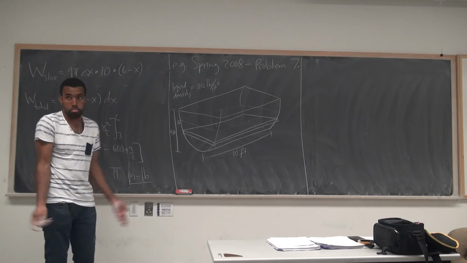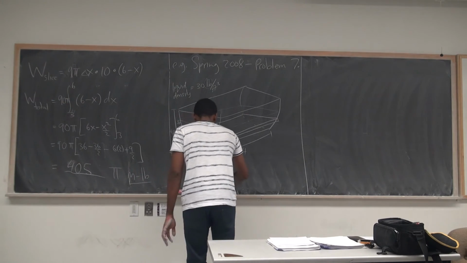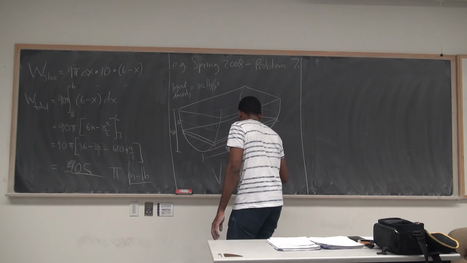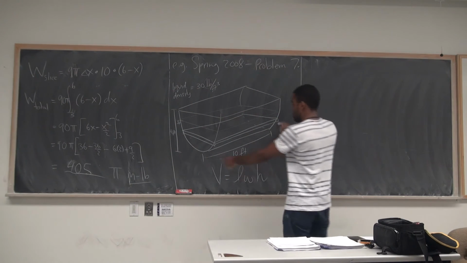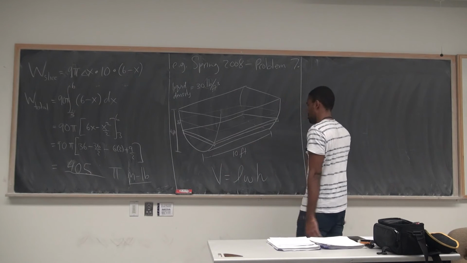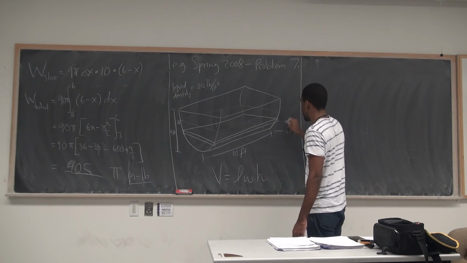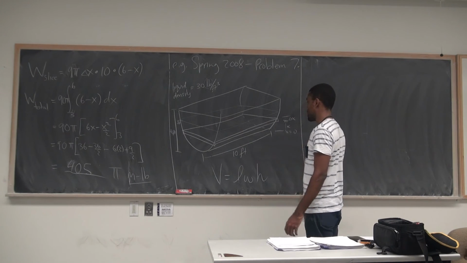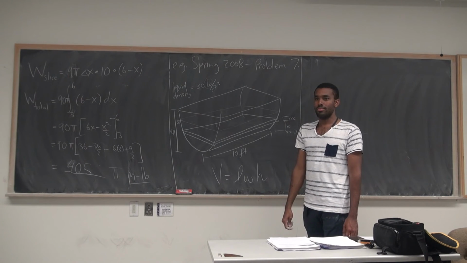Volume is length times width times height. Length is 10. If I let x equals 0, this is at a height of x. Thickness is delta x. What's the width? It's changing as a function of x squared.